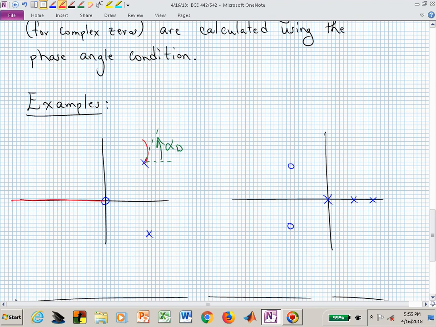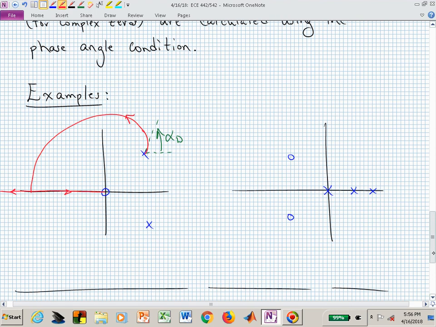But eventually, I'm going to have to bend around because this branch has to come down and re-enter onto the left part of the real line, or the negative part of the real line. So this is going to go here, and one's going to go there. And what do we know about the root locus? Once you've sketched the upper half, the bottom half is symmetric.